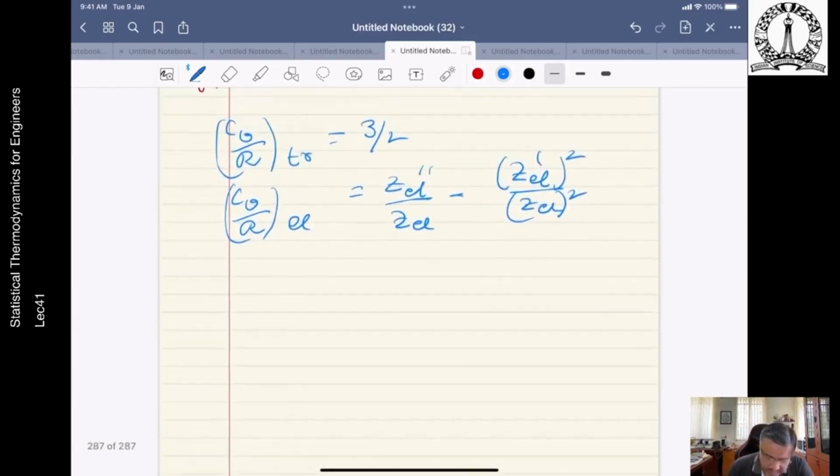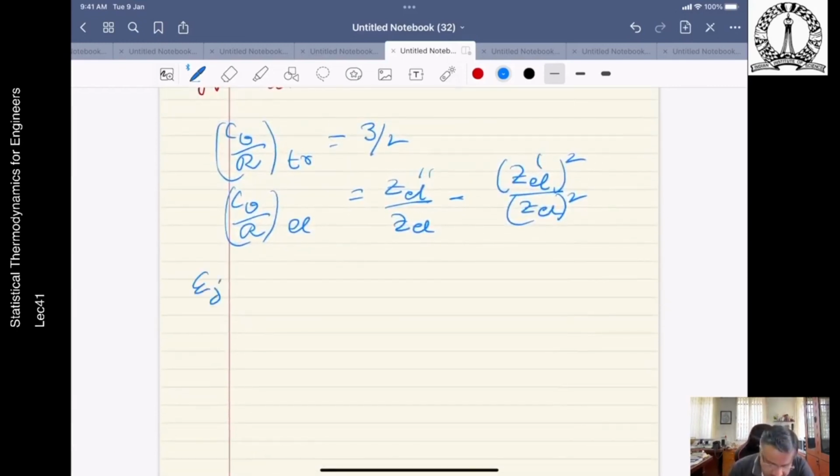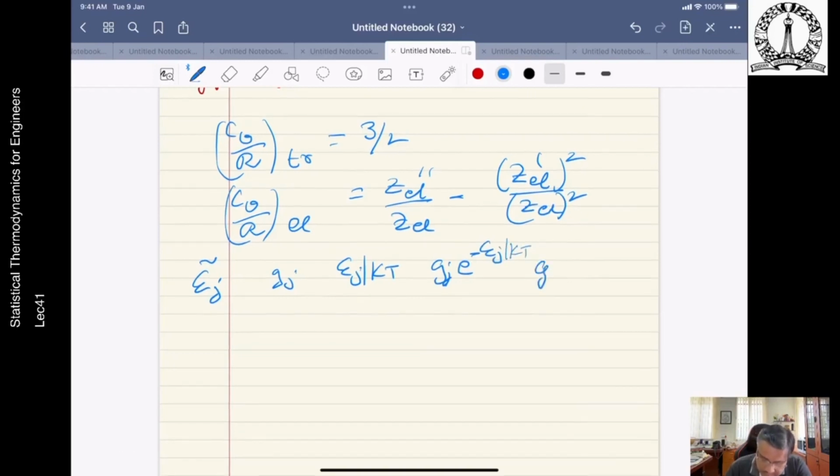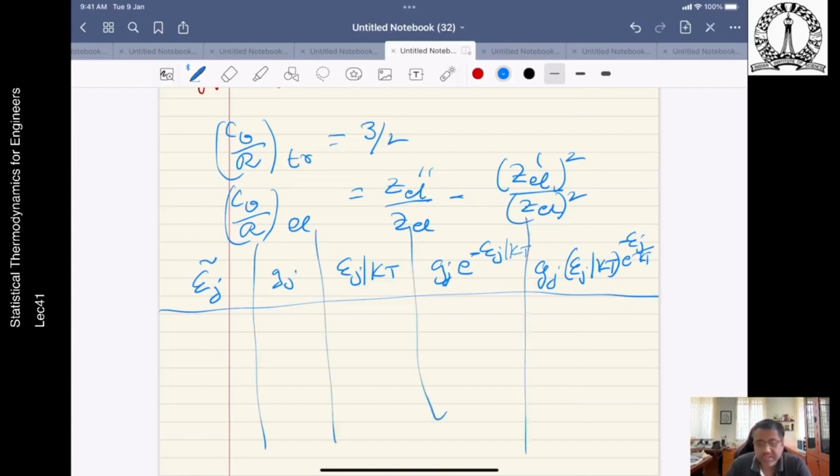We can set up a table and then compute all the quantities from there. Like we did last time, the columns are g_j, e_j by kT, g_j into exponential of minus e_j by kT, and then g_j e_j by kT into exponential of minus e_j by kT, and so on. This is a tabulated form. I'm just going to compile a few.